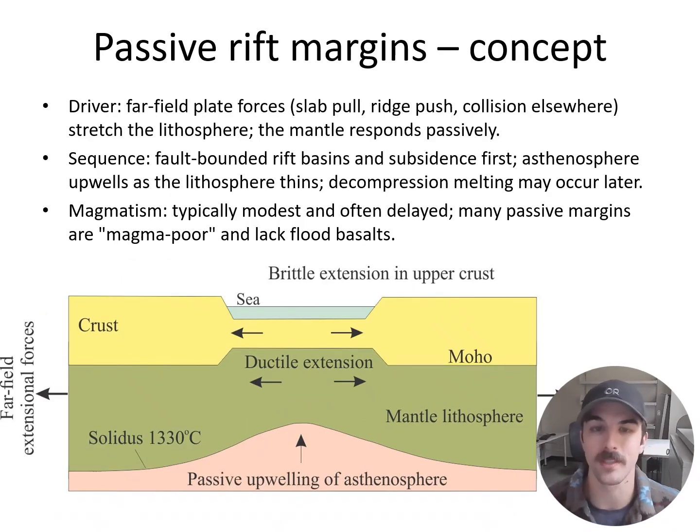Okay, so what happens in passive rift margins then? The driver for these are going to largely be far-field plate forces. So these are tectonic forces happening elsewhere along the plate.